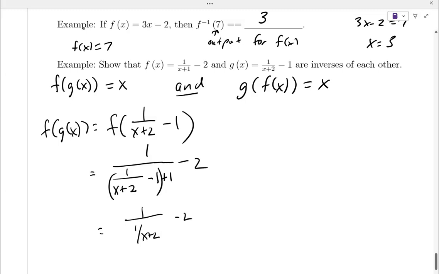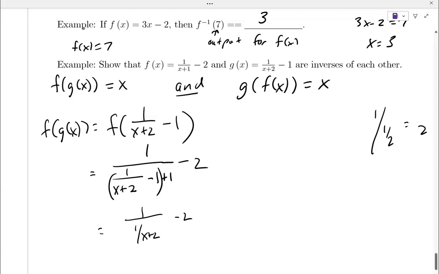What is 1 over x plus 2 equal to? Let me ask a different question. What's 1 over a half equal to? Not a trick question. It's equal to 2, right?